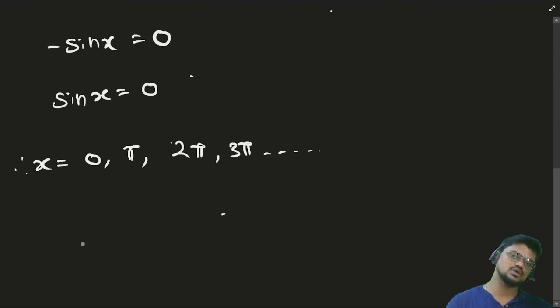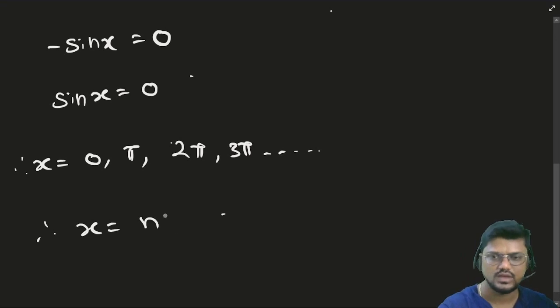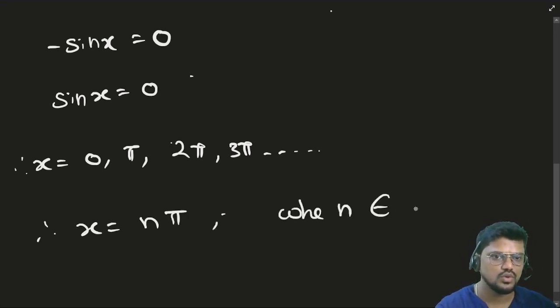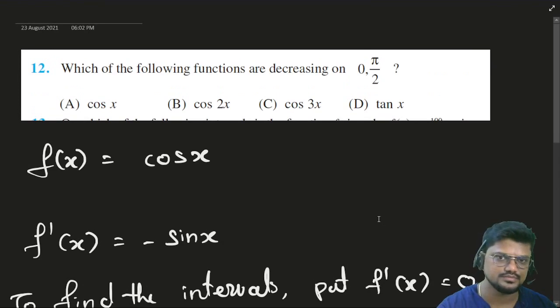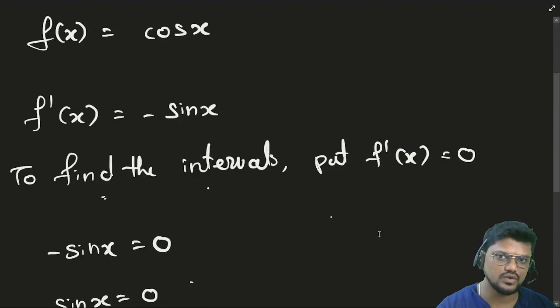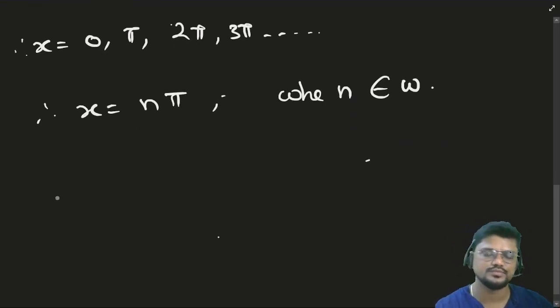So x is equal to n pi, where n belongs to whole numbers. Now let us check for which value it is increasing or decreasing.